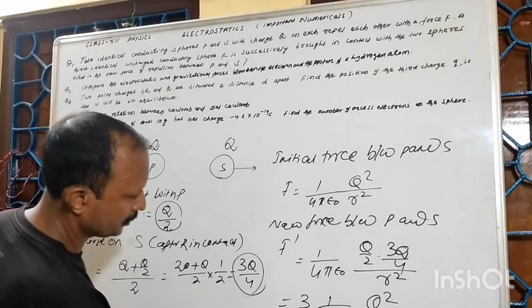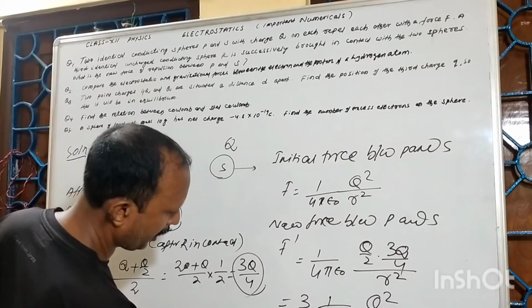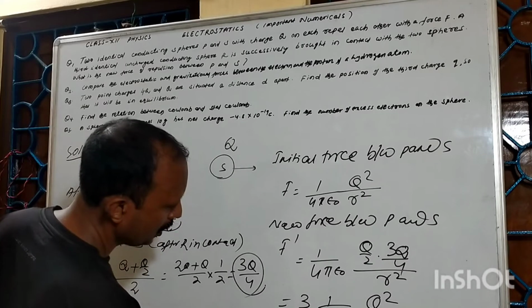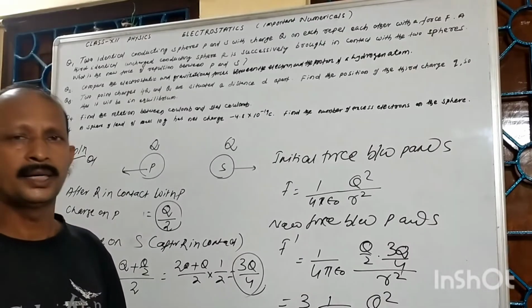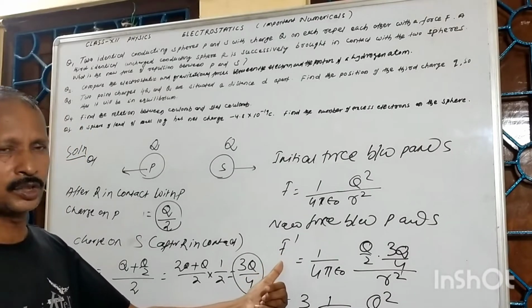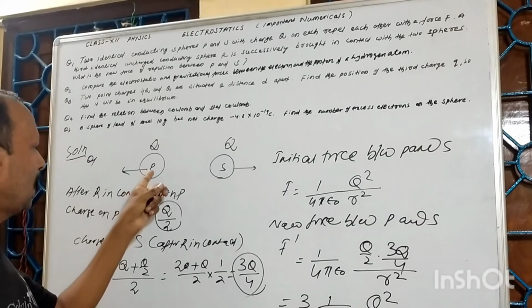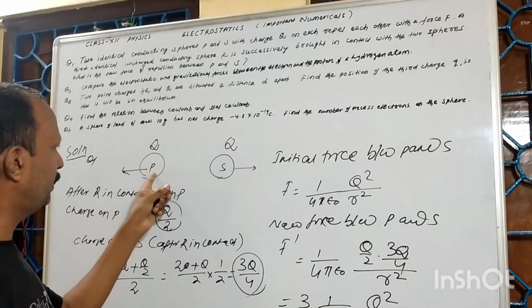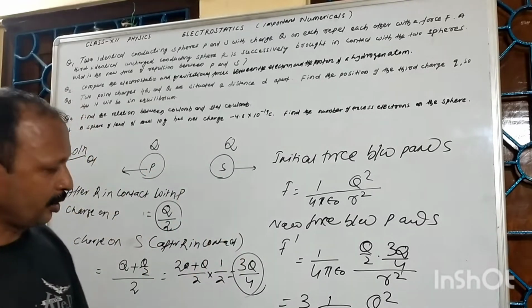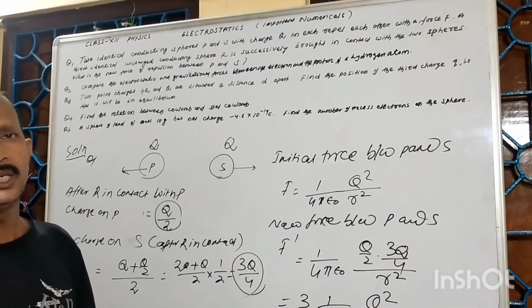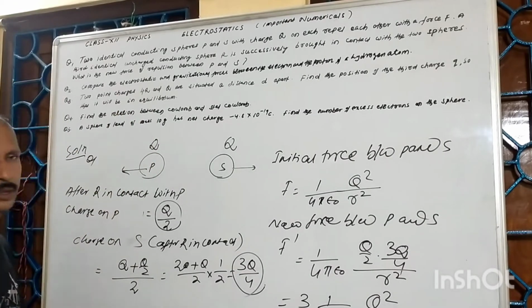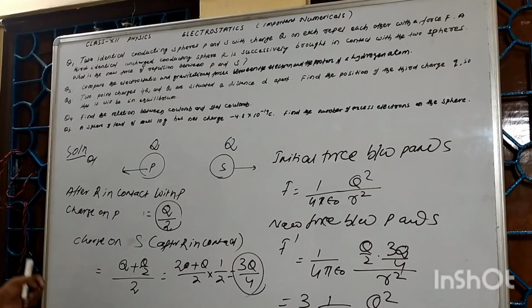That means this is equal to 3 by 8 times the original force. So this is the answer. The new force between the two charged bodies P and S is 3 by 8 times the initial force. I hope that you understood. So I shall go to the second question, so you note it properly.